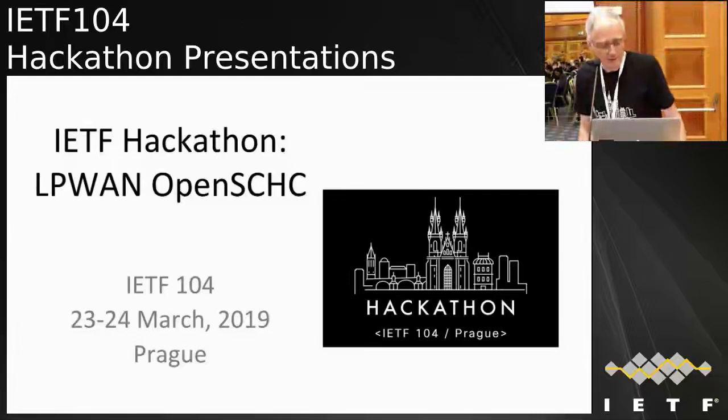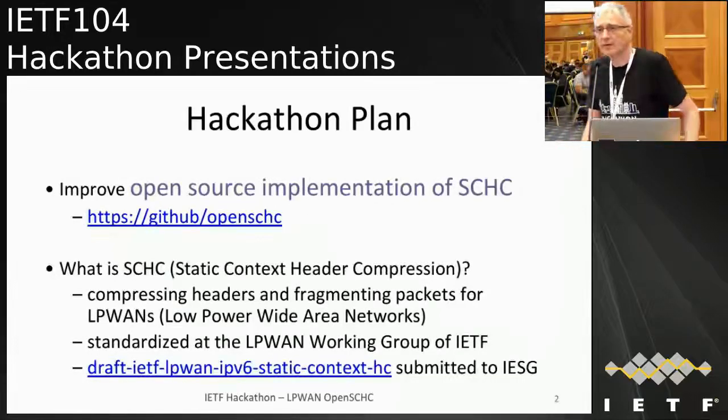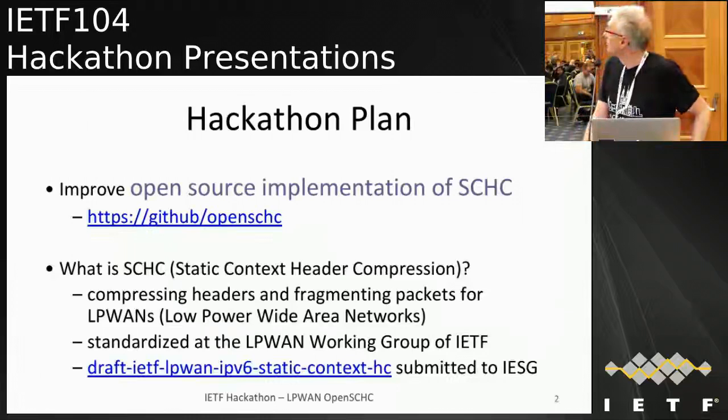Good afternoon. This is a report of the OpenSCHC project. So our plan here was to improve the open source implementation of SCHC. And SCHC, if you don't know, is the Static Context Header Compression protocol that's being developed at the LPWAN working group.